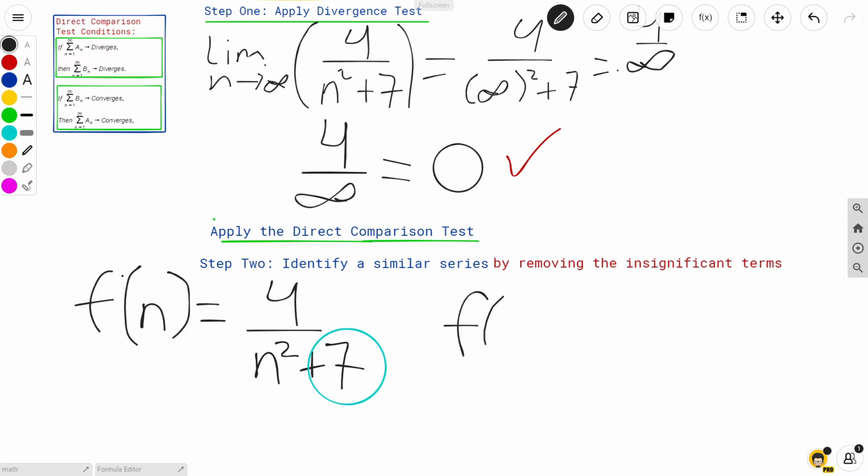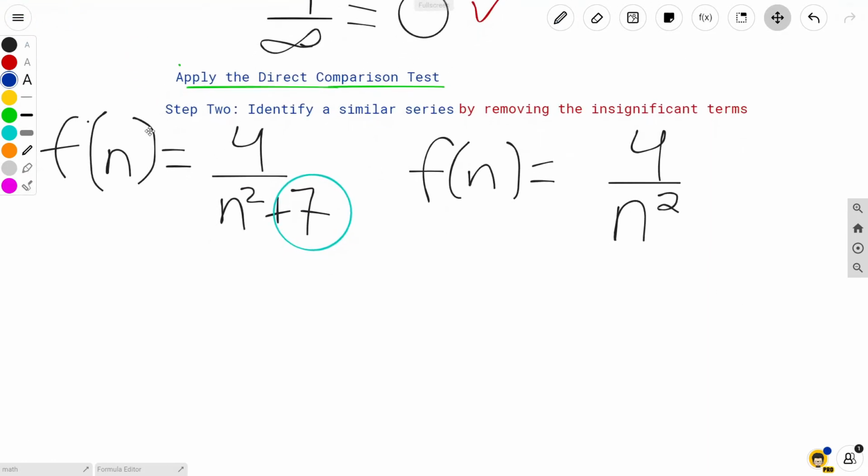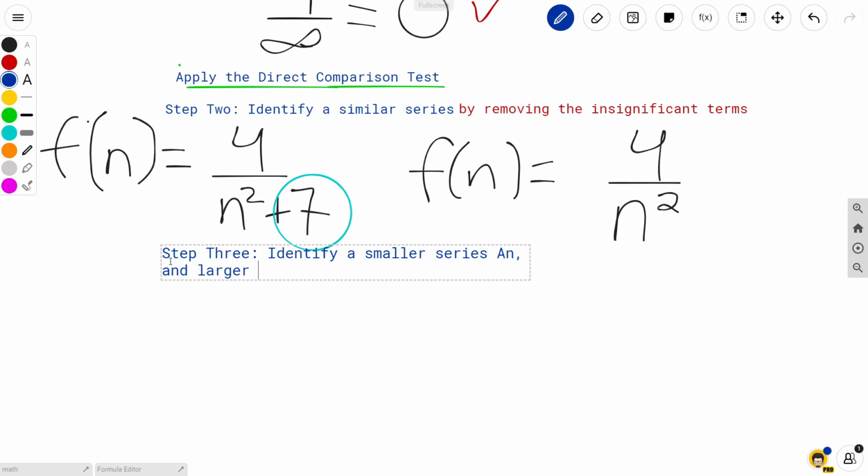So in this case, we're going to identify a similar series, which is going to be 4 divided by n squared. Now that we have 2 series, in step 3 we're going to identify a smaller series a sub n, and a larger series b sub n.